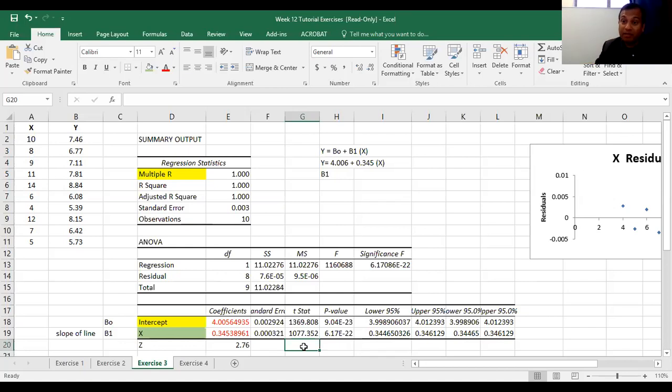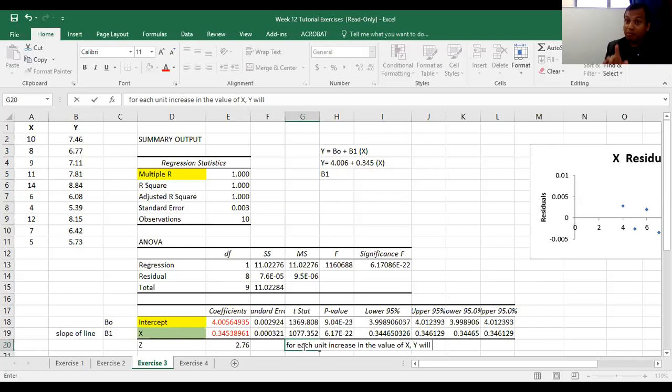You have to write in words the same thing, which I'm writing here now. For each unit increase in the value of x, comma, y will increase, because the sign is positive.